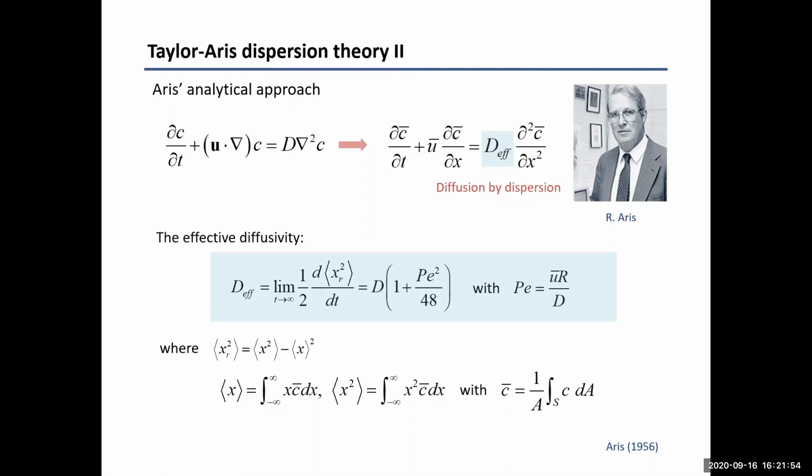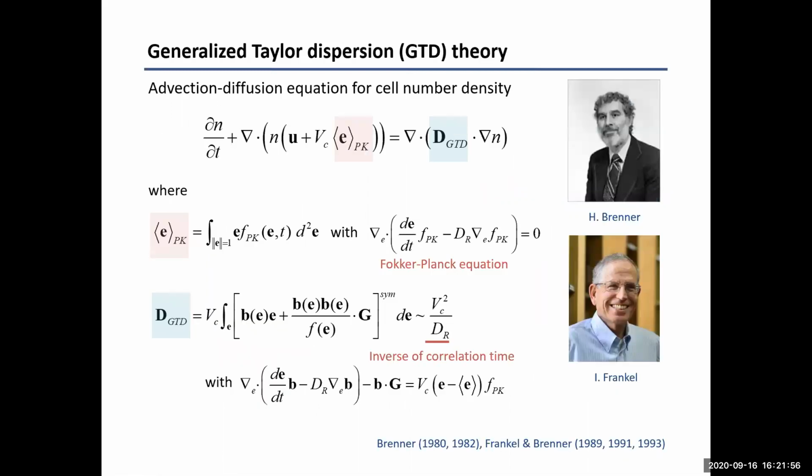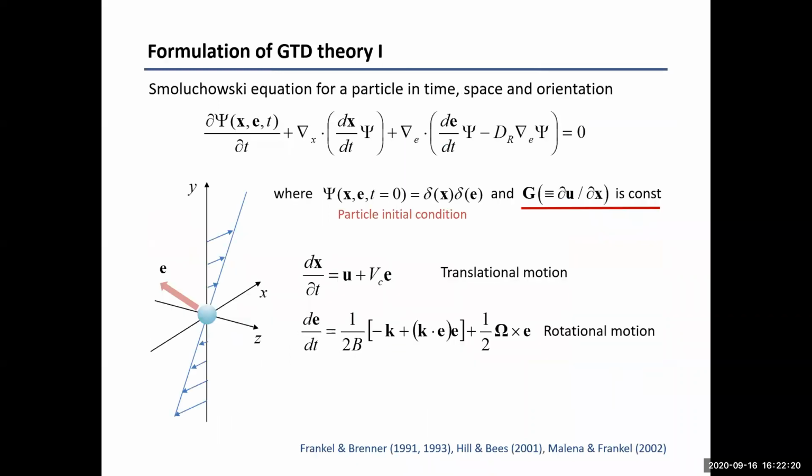So this rationale was exactly adopted in this generalized Taylor dispersion theory, which looks much more complicated. But if you look at the rationale behind this theory, you will see that they use exactly the same rationale developed by Taylor and Aris. So in this theory, what they have done is this.